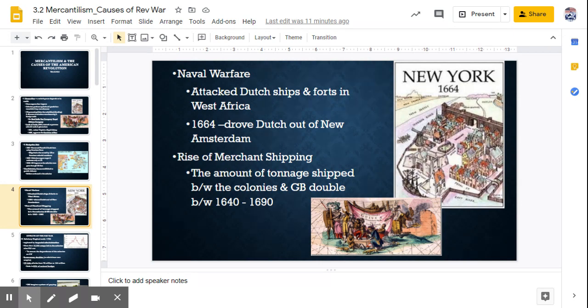And they will use this power in lots of different ways. So they might directly attack ships or fortifications elsewhere in the world for control. They certainly went against the Dutch in the 1650s that way. By 1664, they will use the British Navy to capture what was New Amsterdam, which is what we call New York today.